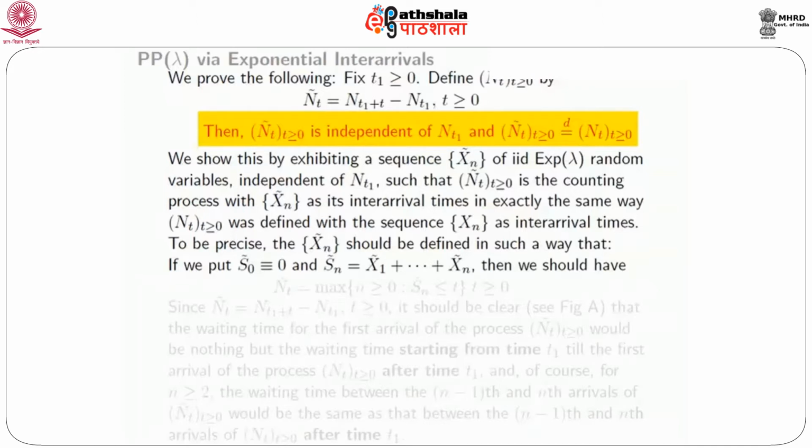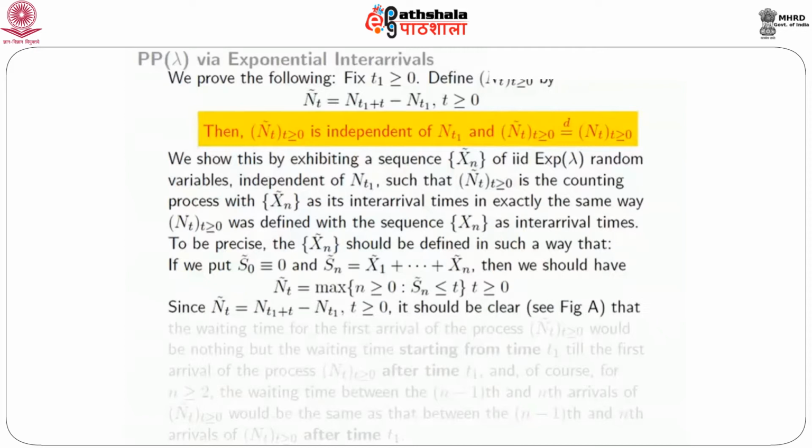To be precise, the X_n tilde sequence should be defined in such a way that if we put S_0 tilde to be identically 0 and S_n tilde to be X_1 tilde up to X_n tilde summed, then we should have N tilde t is the maximum of n greater than or equal to 0 such that S_n tilde is less than or equal to t.